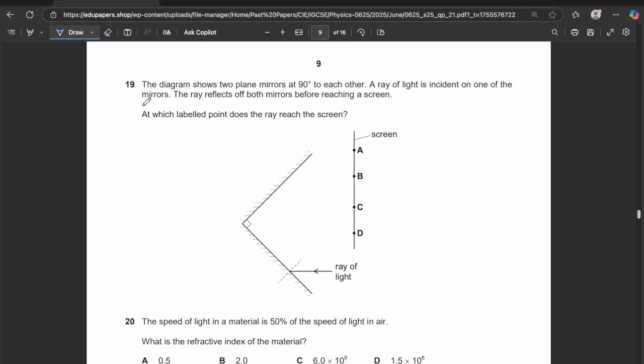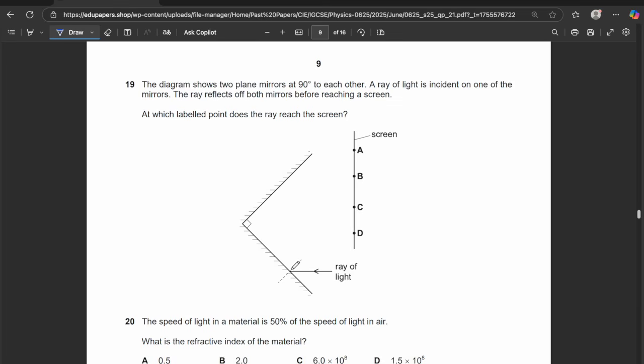19. The diagram shows two plane mirrors at 90 degrees to each other. A ray of light is incident on one of the mirrors. The ray reflects off both mirrors before reaching a screen. At which labeled point does the ray reach the screen?